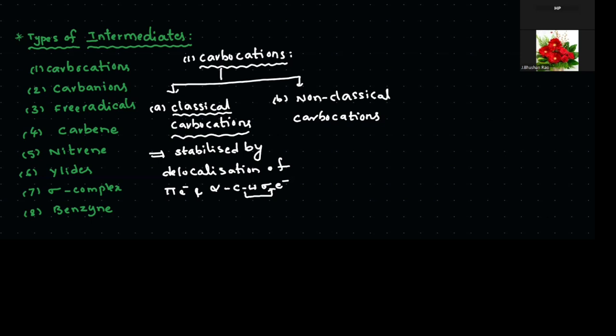Carbocations depend on the mesomeric effect and hyperconjugation.